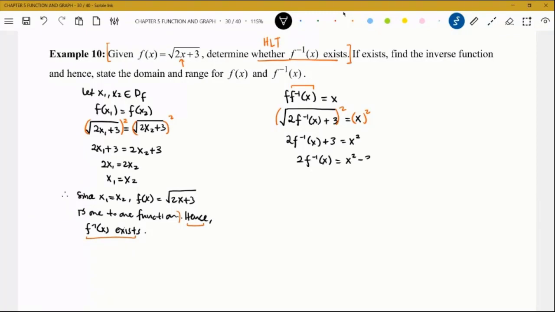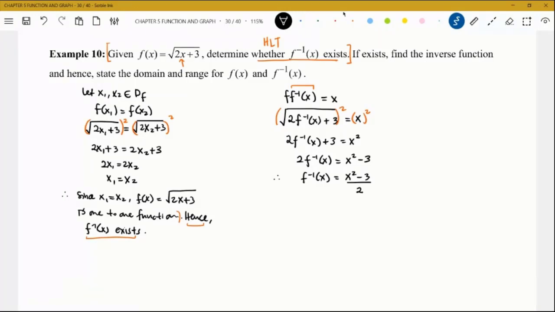So x squared minus 3, and then we move 2 is going to be divide, x squared minus 3, the whole thing divided by 2. Okay, so this is our f inverse. So ini terus dapat f inverse kamu. Tak payah nak tukar-tukar balik y ke x ke, tak payah. Okay, terus dapat jawapan akhir untuk dapatkan f inverse.